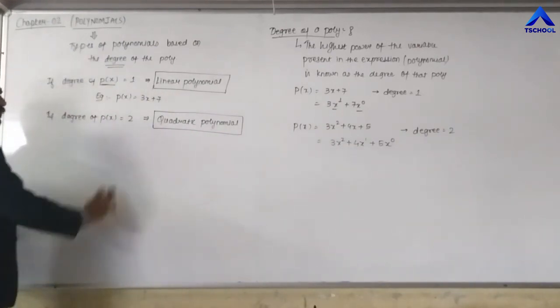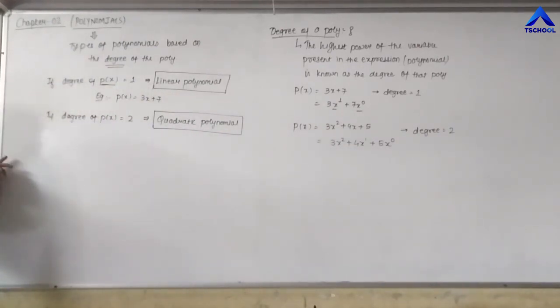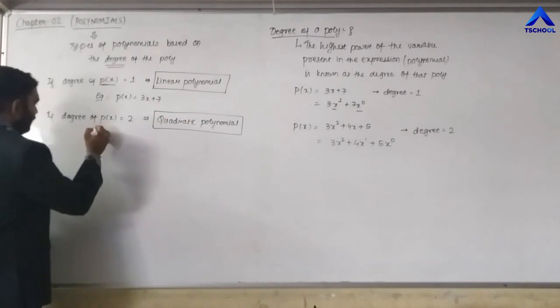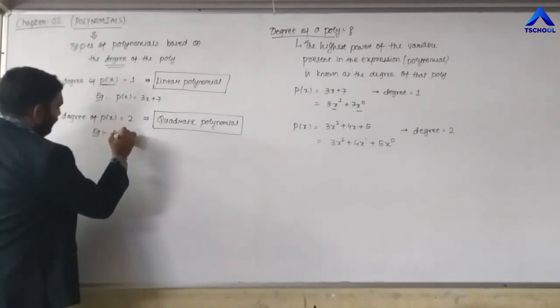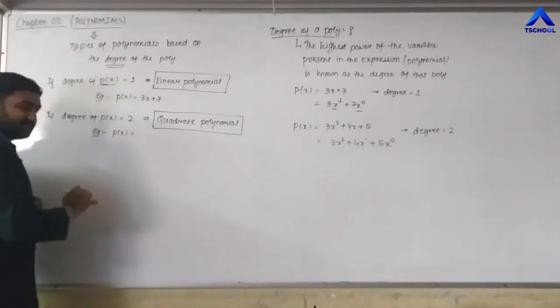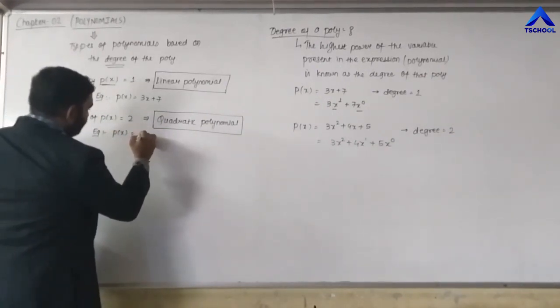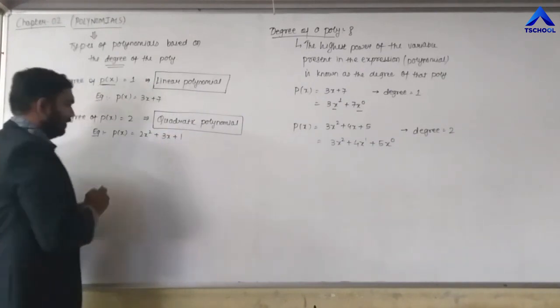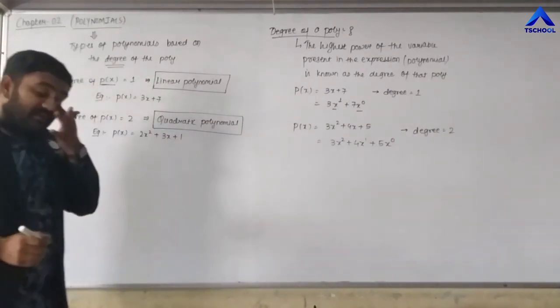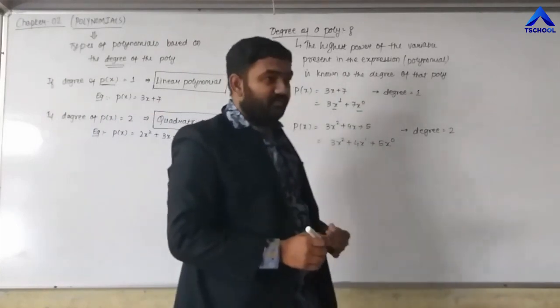If the degree of a polynomial is 2, then that is known as a quadratic polynomial. Let me say for example, any quadratic equation that we have studied in the earlier classes, that is 2x square plus 3x plus 1.